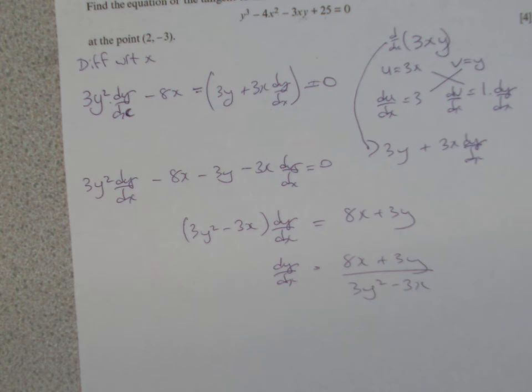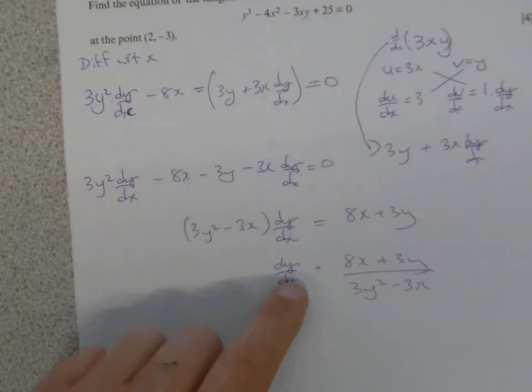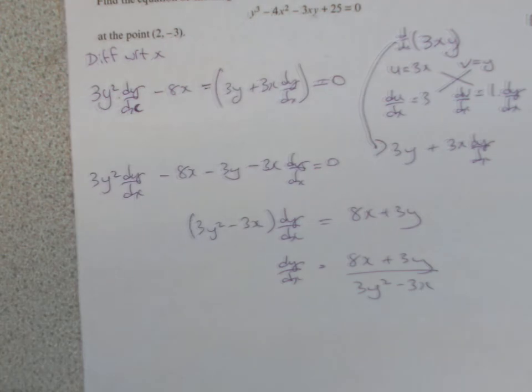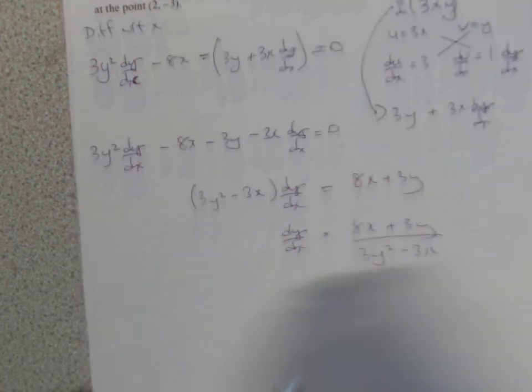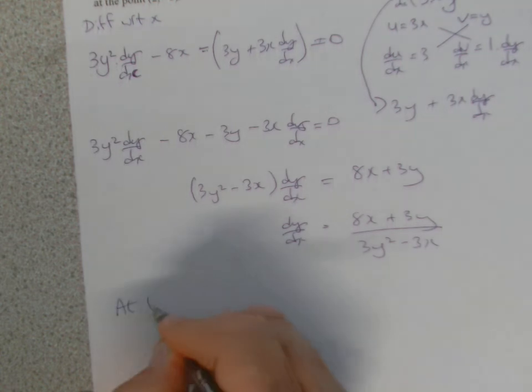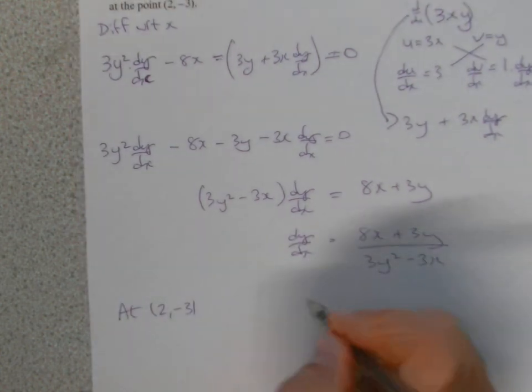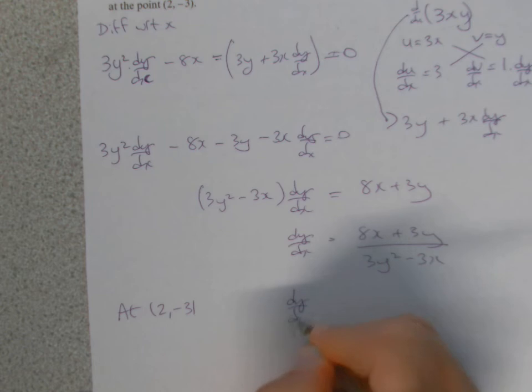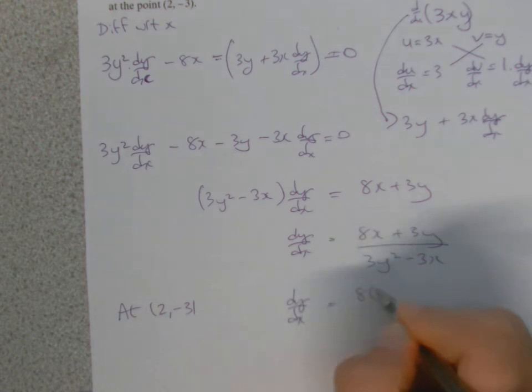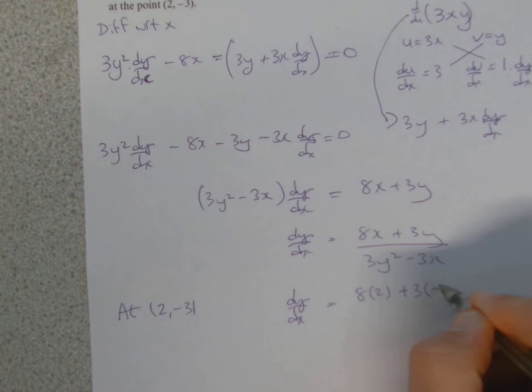Tidy, good stuff. Now, this is dy/dx of that curve. So what I can do now, I can work out the gradient at the point (2, -3). Okay, so dy/dx will equal, sub it in, so I'm literally putting in the values for x and y.